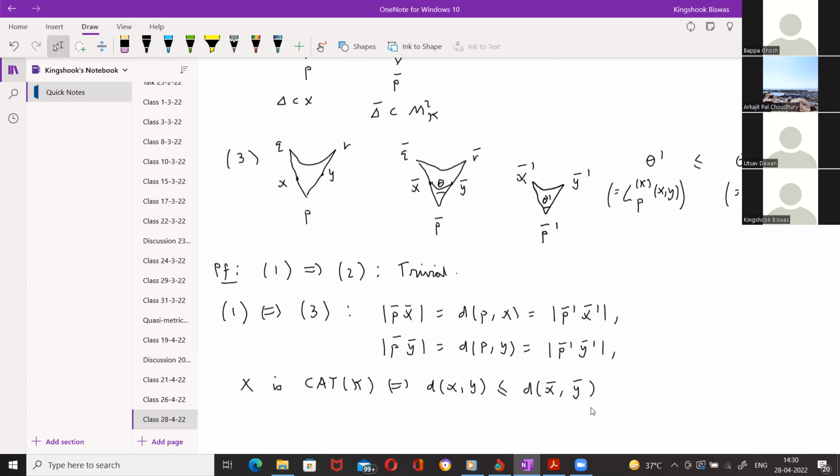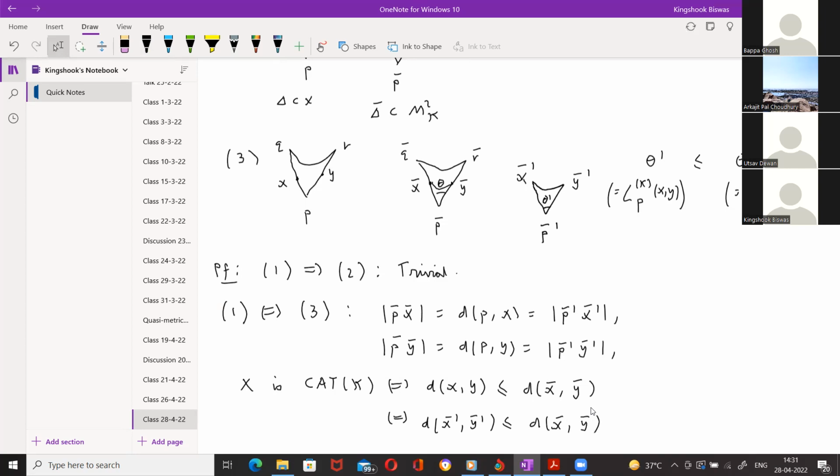But this distance xy is the same as the distance x bar prime y bar prime. So this is less than or equal to distance x bar y bar.